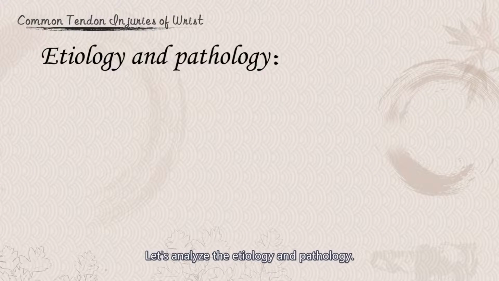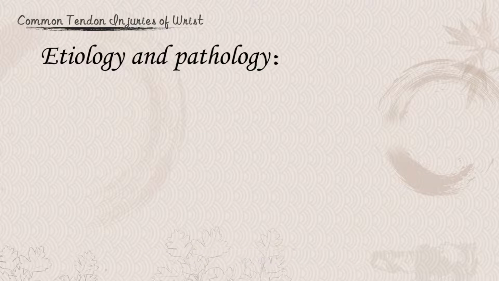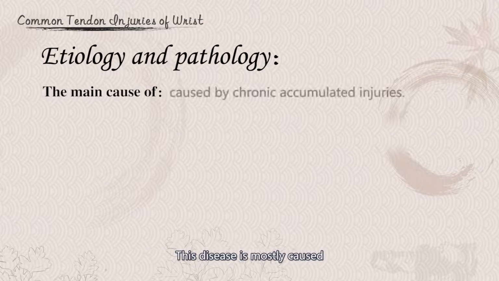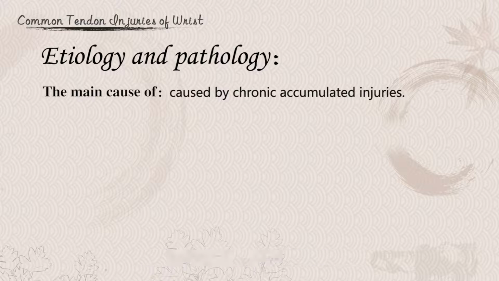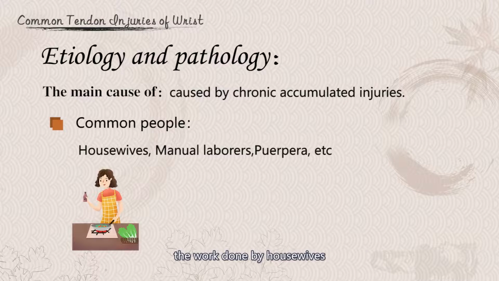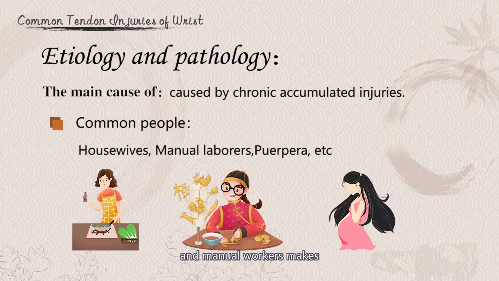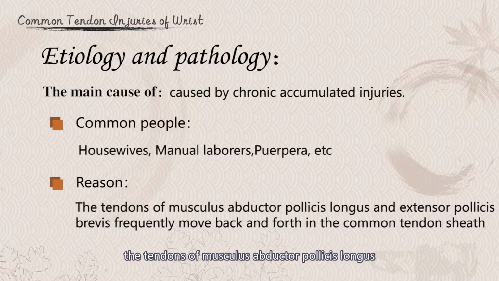Let's analyze the etiology and pathology. This disease is mostly caused by chronic accumulated injuries. Long-term overstrain of the wrist can lead to the occurrence of this disease. For example, the work done by housewives and manual workers makes the tendons of abductor pollicis longus and extensor pollicis brevis frequently move back and forth in the common tendon sheath.